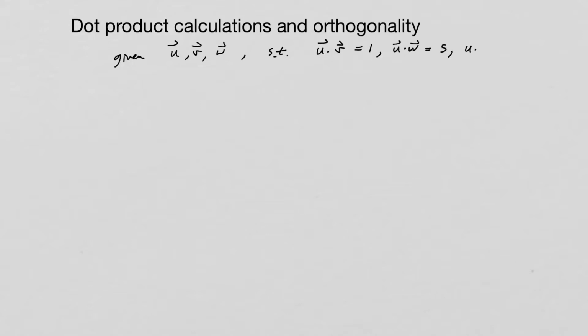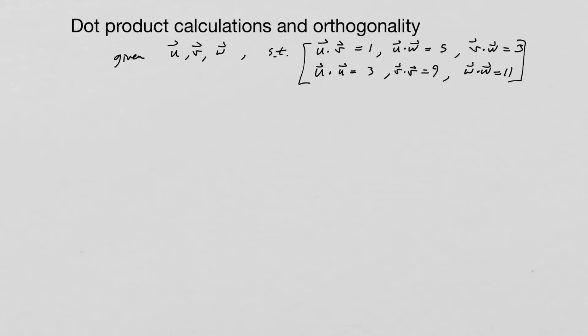And v dot w is equal to 3. Furthermore, u dot u is equal to 3, v dot v is equal to 9, and w dot w is equal to 11. Okay, so without knowing anything about the vectors, all we know are these dot products.